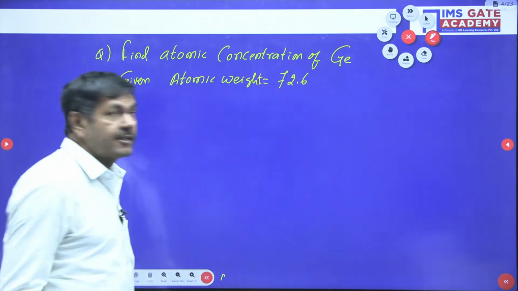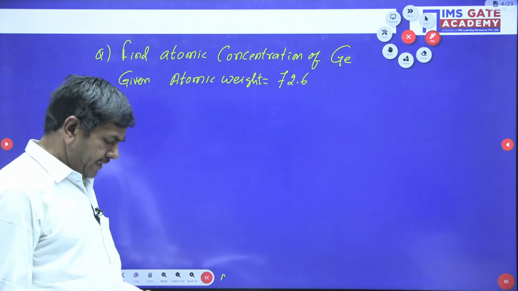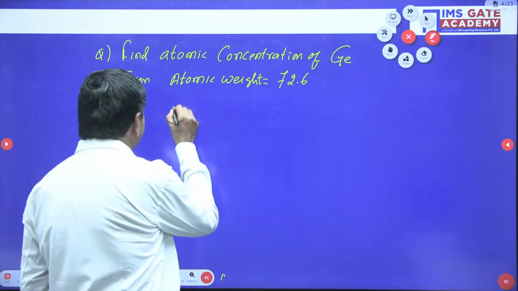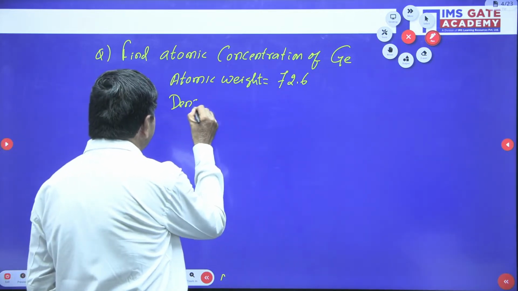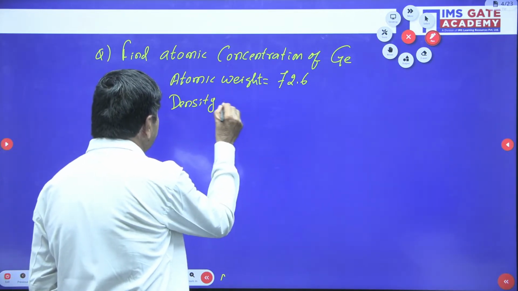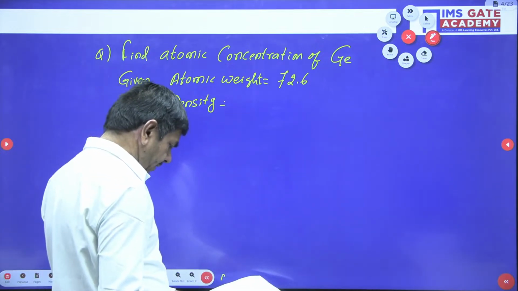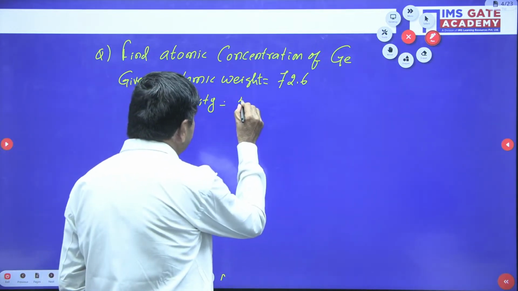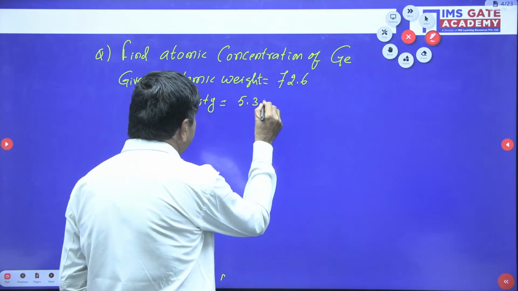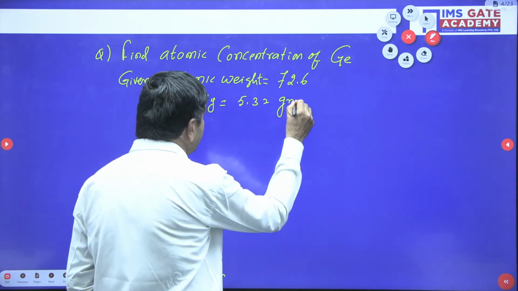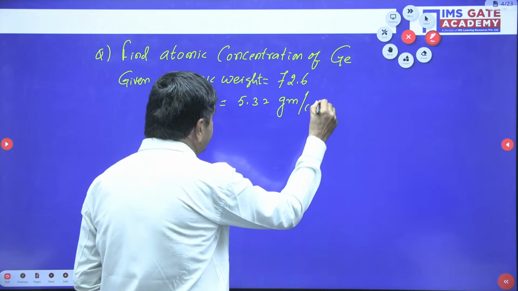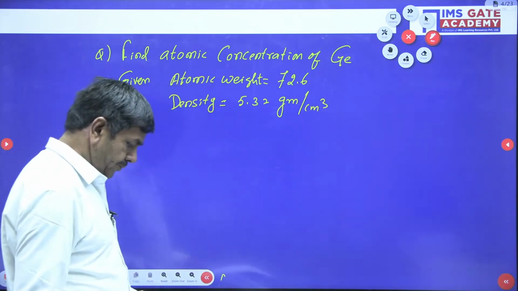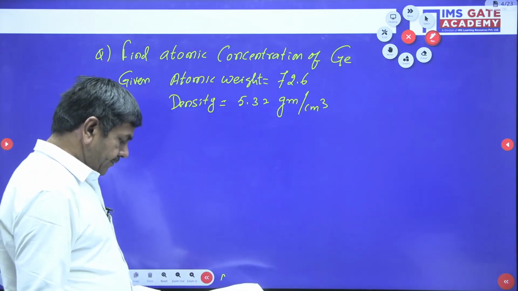The density of this material is also given, 5.32 grams per cm cube, and the information is given here now.